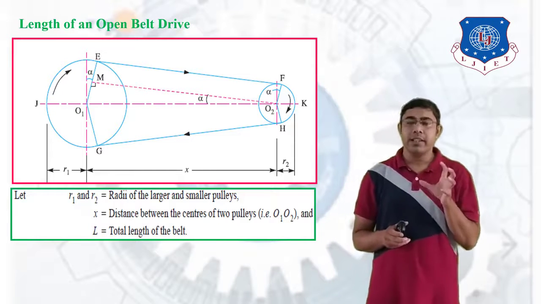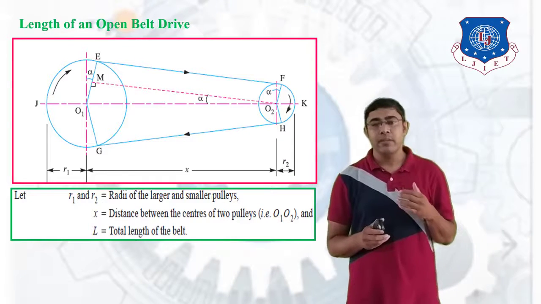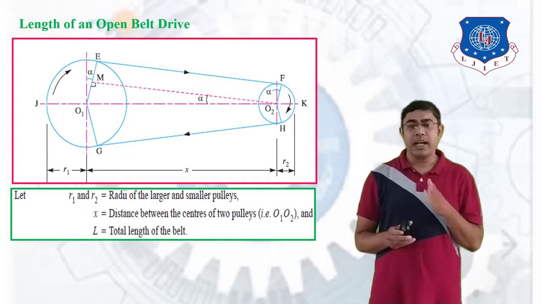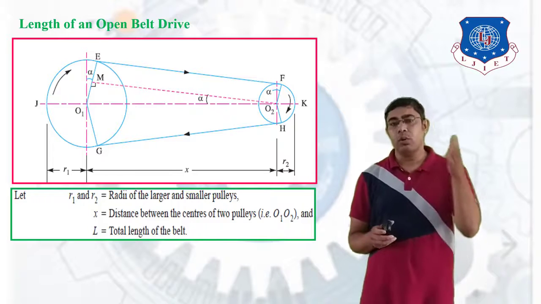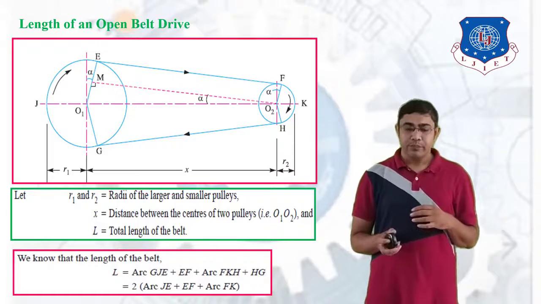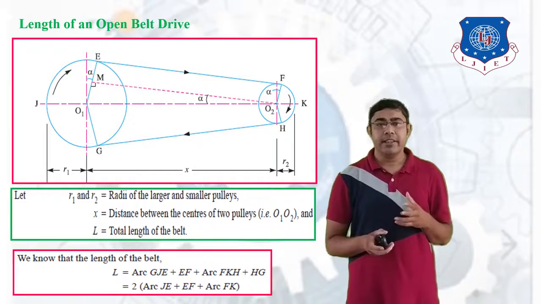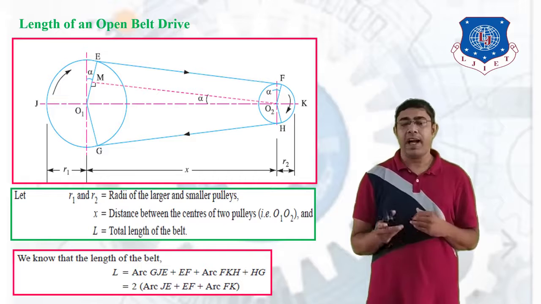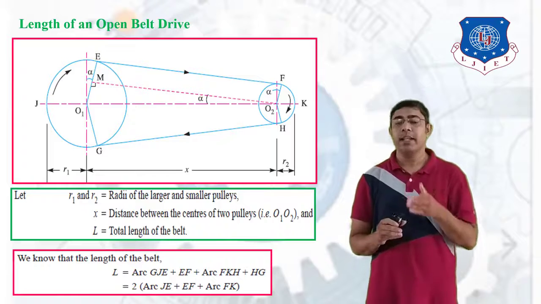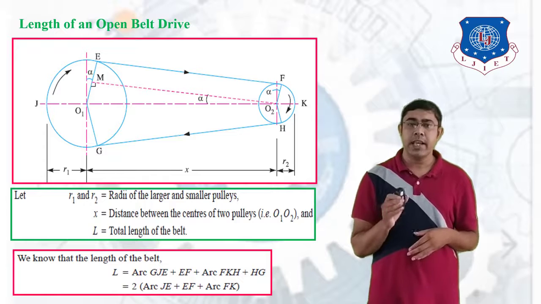Here we consider the system, and according to it we derive the length of belt. For that we start from any one point and follow the belt around to calculate the equation. If we start from the arc GJE, then the length of belt L is equal to arc GJE, followed by the distance EF, then arc FKH, and then the distance HG.